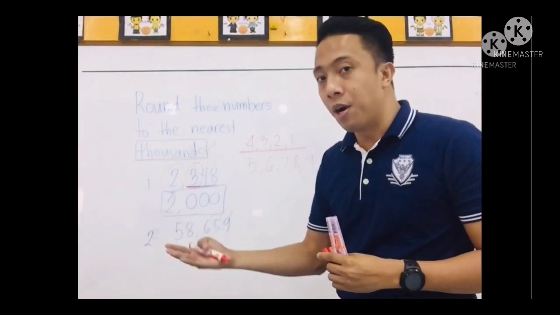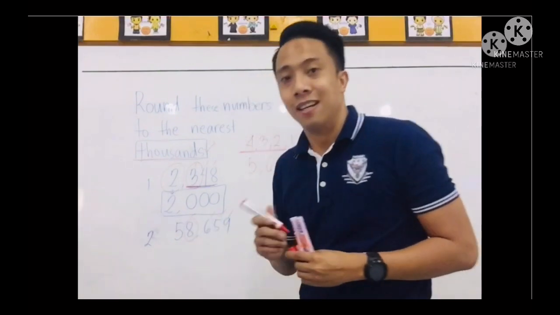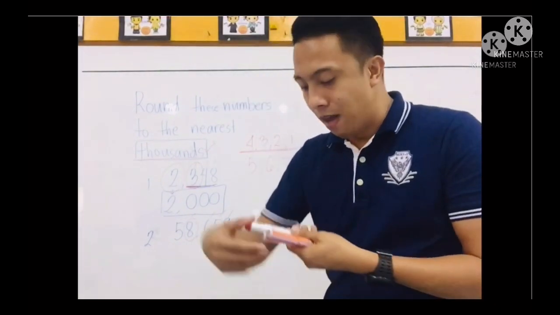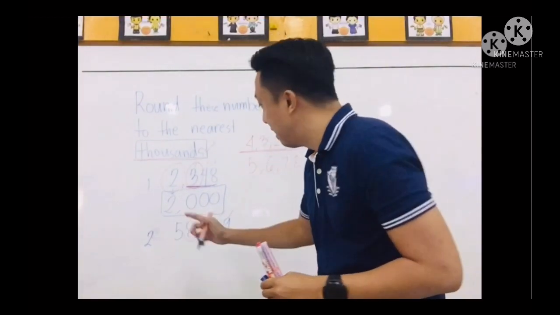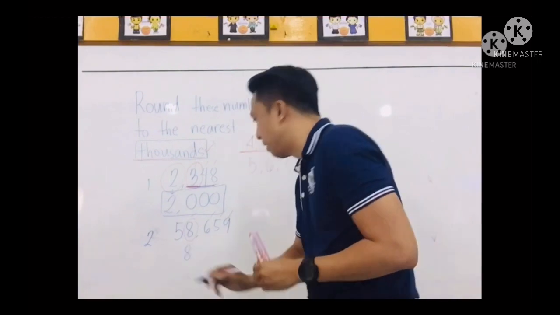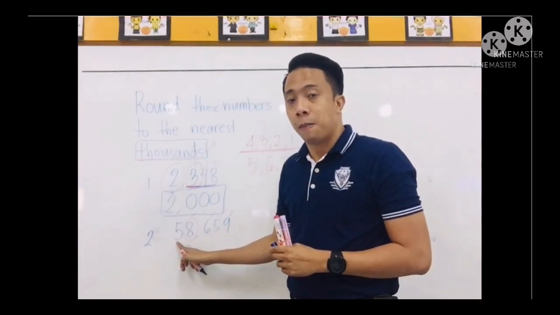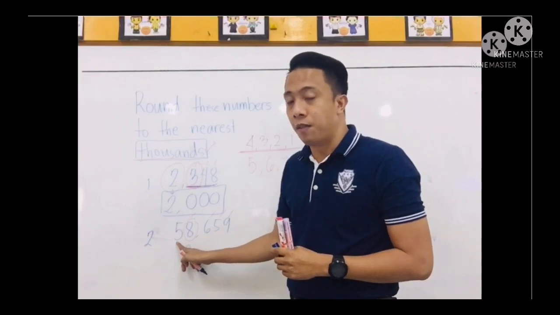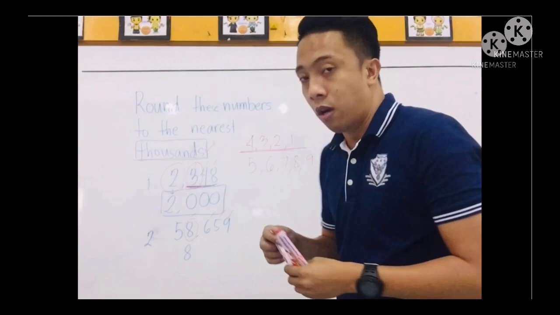So our number in thousands place is 8. Right? Now, what's the next one? We will write the given number 8. How about the 5? Okay, this is another rule, okay?